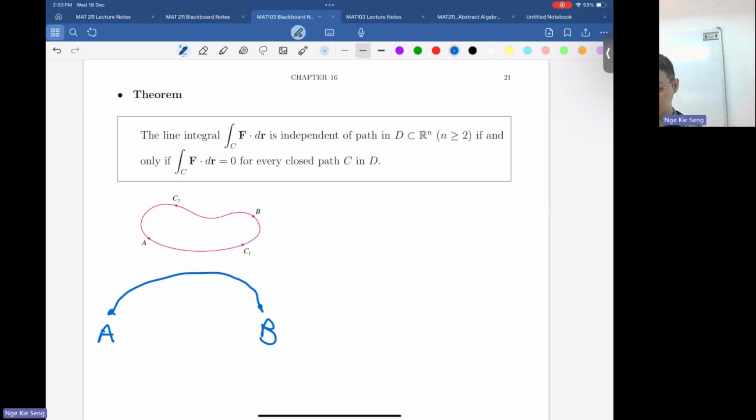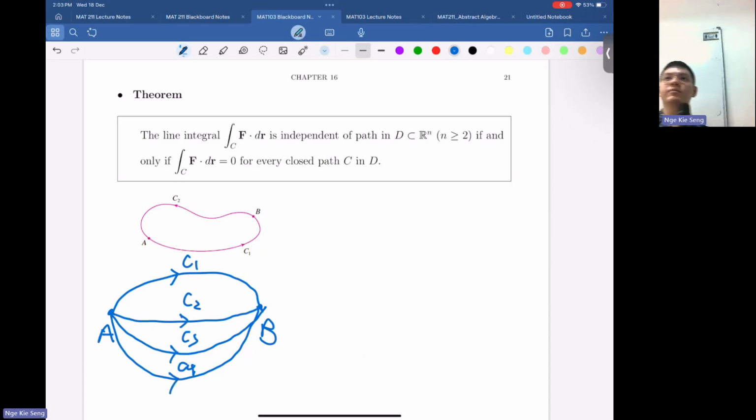If I have a bunch of paths, let's say like this, these are C1, C2, C3, C4, and maybe I give you a direction like that. Can you form a closed path at A? Maybe you do C1 minus C4, or C1 minus C2, or C2 minus C3.